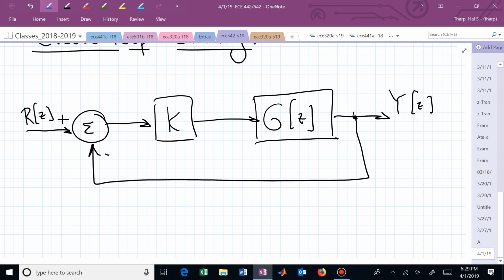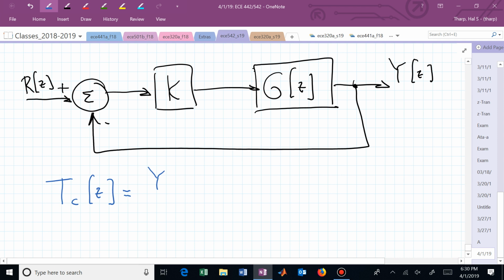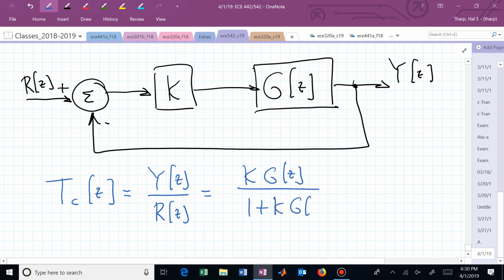We have this unity output feedback configuration, and the closed loop transfer function between the reference input r and the output y is k g of z over 1 plus k g of z.